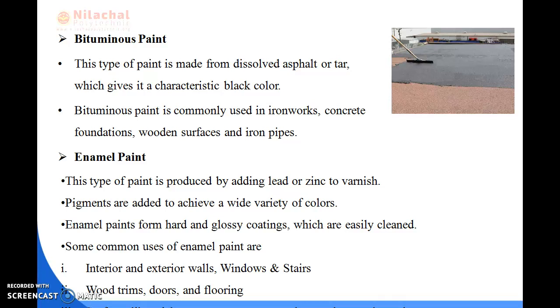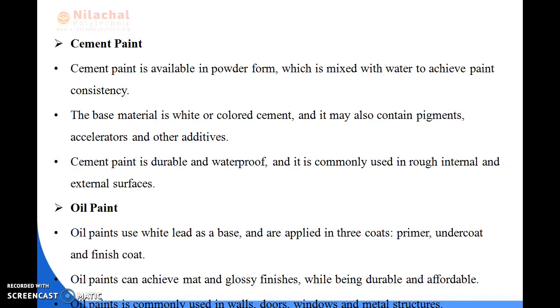Next one is enamel paint. Some quantity of pigments are added to achieve a variety of colors and this forms a hard and glossy coating which can be easily cleaned, and this paint is mainly produced by adding some quantity of lead or zinc to the varnishes. Next one is cement paint.